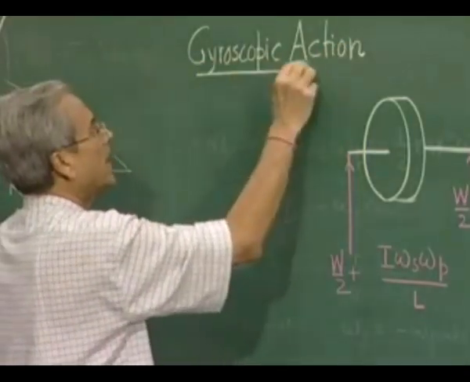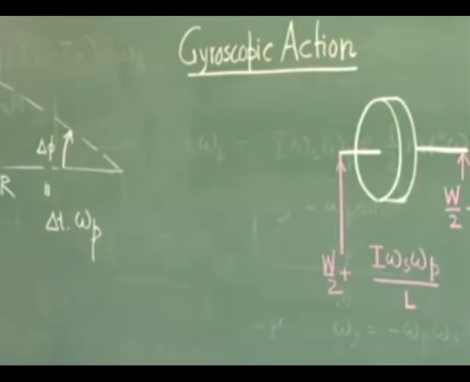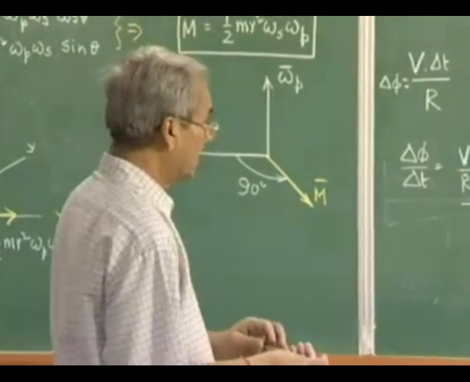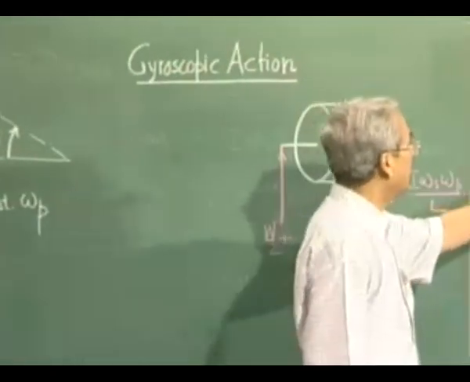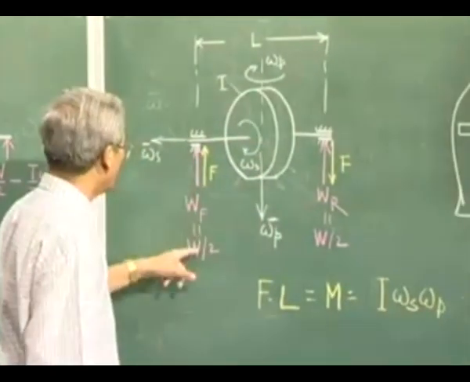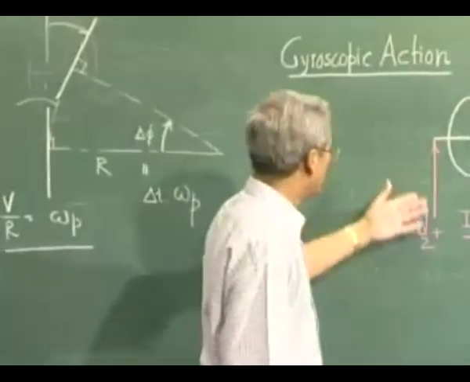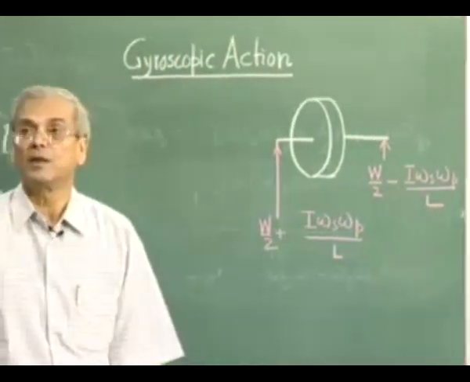So as a simple case, we have seen here that the gyroscopic action leads to alteration of the bearing reactions, and this must be taken into account while designing the system. If we consider that the bearings are subjected to only W by 2, that is the weight, we will be wrong, because one of the bearings is going to carry much more load than what the simple weight will result in.